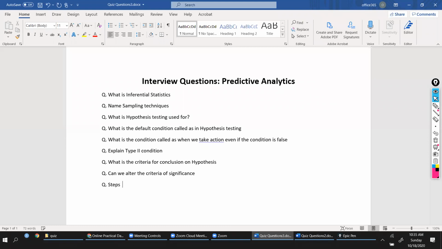Okay. What is the process of hypothesis testing? Steps to perform hypothesis testing. So you have to generalize, guys, not for continuous and discrete, not like that. You have to generalize the process here.